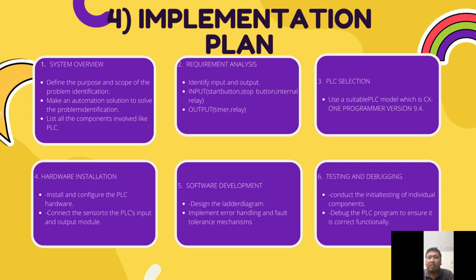System overview defines the purpose and scope of the problem, makes an automation solution to solve the problem, and lists all the components involved like PLC. Second plan is requirement analysis, which is to identify the input and output that we have used, such as push button, and our output such as timer or relay.